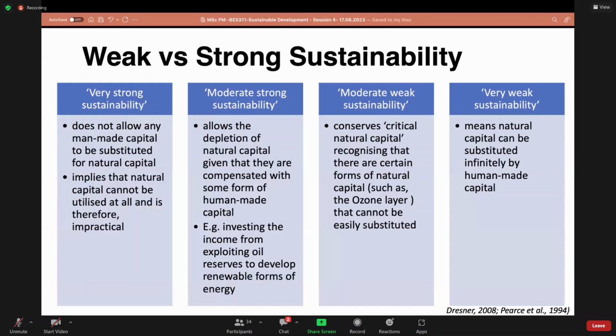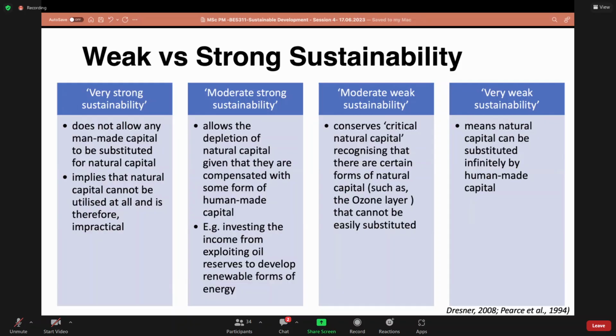So likewise, this capitals model of sustainability, they argue that you can have a spectrum of different levels of sustainability. From very weak sustainability, where basically you think that you can substitute any form of natural capital by human-made capital, to very strong sustainability, where you cannot allow any man-made capital to be substituted for any natural capital.